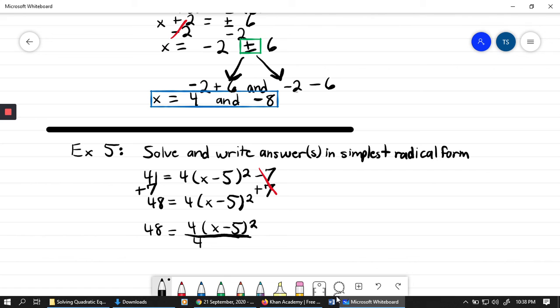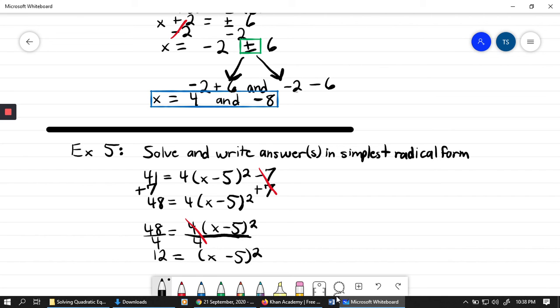Divide by 4. Okay, the 4s on the right side cancel out, and we wind up having 12 equals x minus 5 squared.